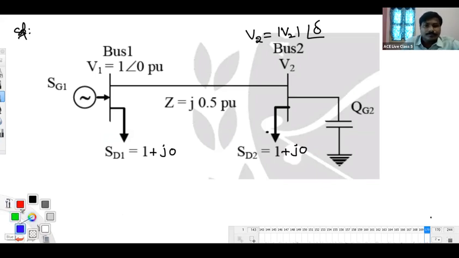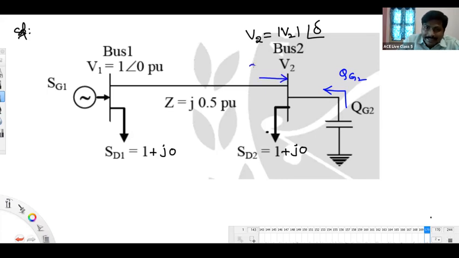Now, next thing, kindly observe. I have to find QG2. This is the amount of reactive power injected by the capacitor bank into the bus. Let us see the line. This line is injecting a reactive power of Q2, let us say, into the bus. SD2 complex power 1 plus j0 means the load is demanding a reactive power of 0.